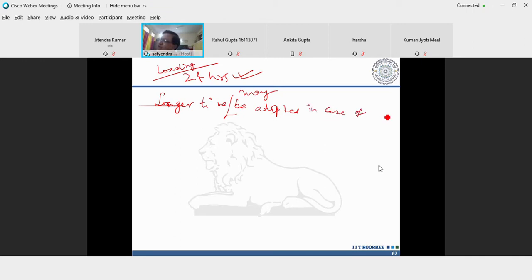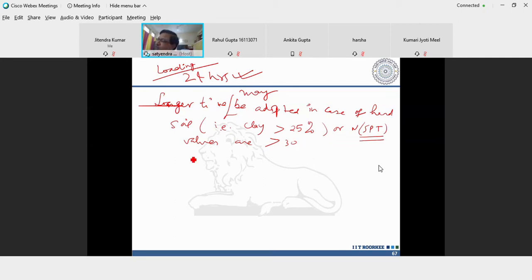hard soil. In case of hard soil, that is clay larger than 25% of the total mass, or if it is collected from a site where NSPT values are larger than 30. This SPT I need not explain now because you will be studying it in next semester, right?